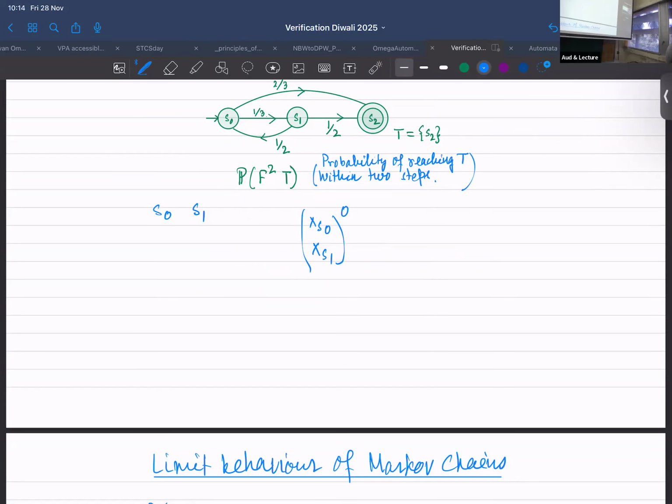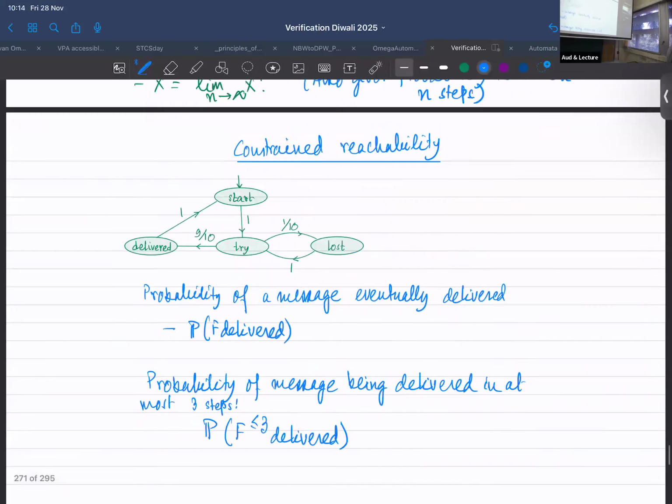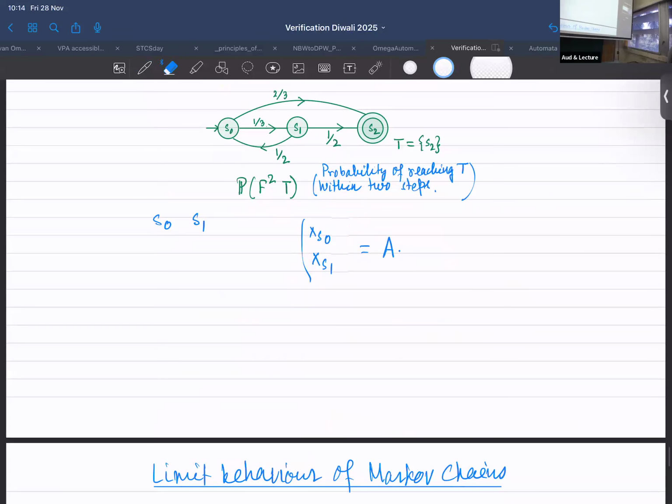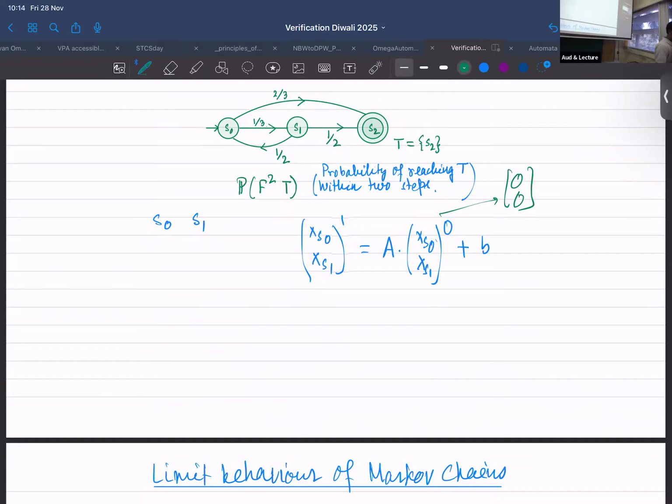It's like A times the vector x0, x1 plus this b. Now, to start with, this vector is essentially the 0 vector. And then I should also see what the b is and so on.